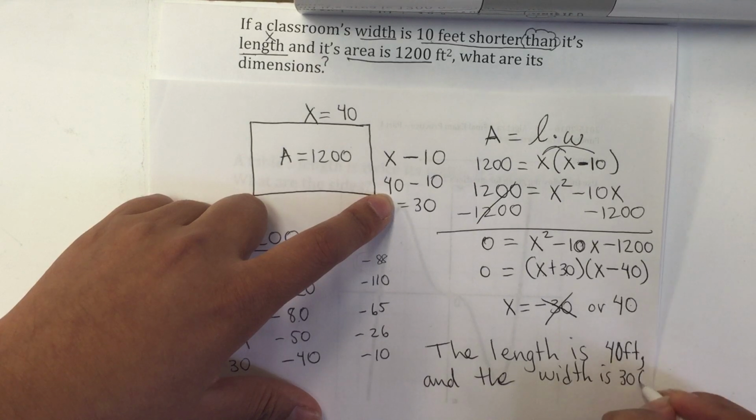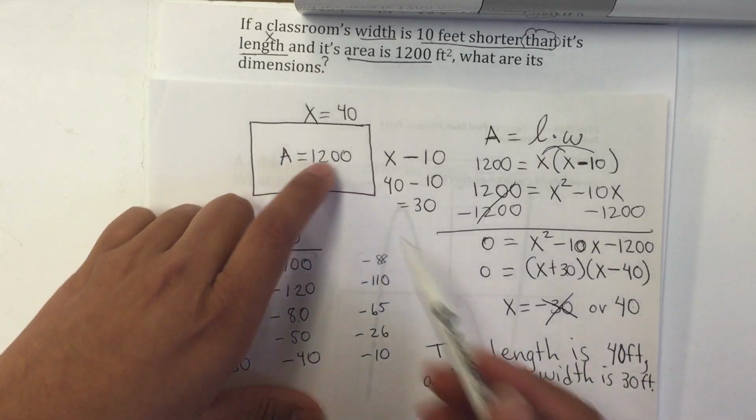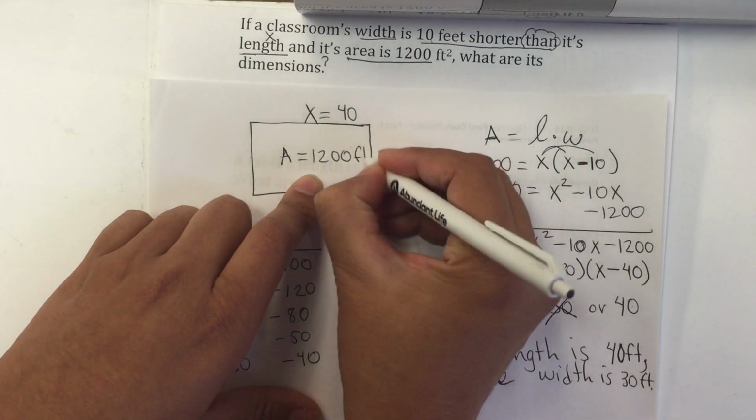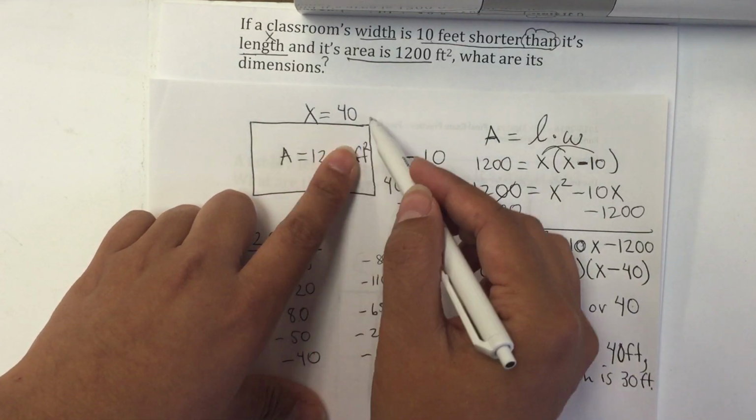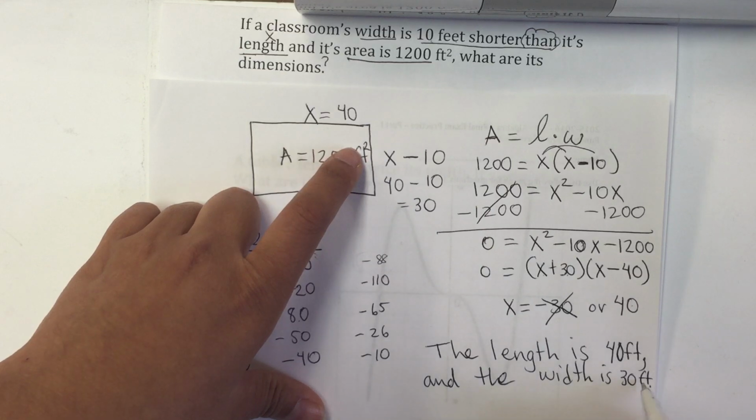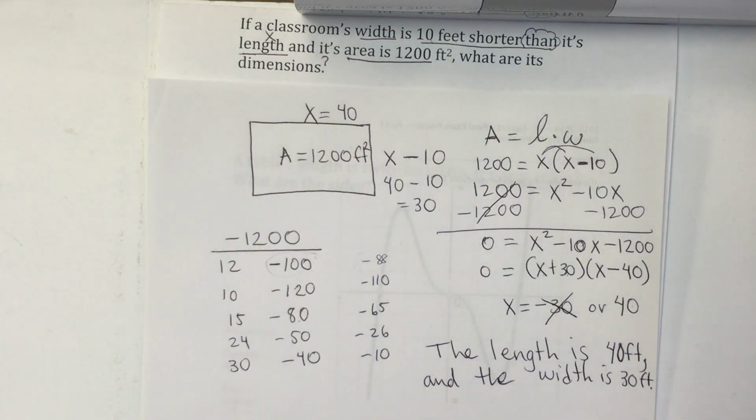It is 30 feet long. Notice that for area, it says square feet, but that's because it's area. But for dimensions of figures, it's only the unit with no exponent, okay? So the length is 40 feet long, the width is 30 feet long.